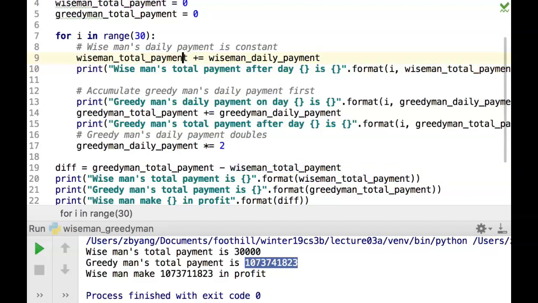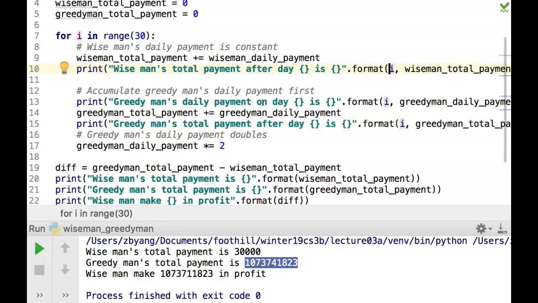So this is what I did here. After I updated the wise man's total payment, I print out the total payment and on which day. Those two are useful information to me, right?